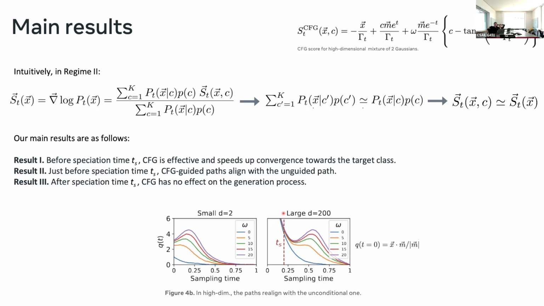Like the average B doesn't have high density, probably, right? Your M. In dimension 2, your M has high density, and in dimension 200, your M probably doesn't have high density.